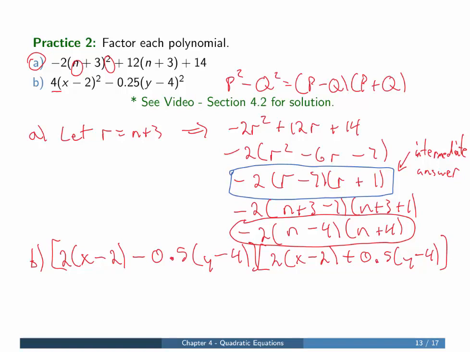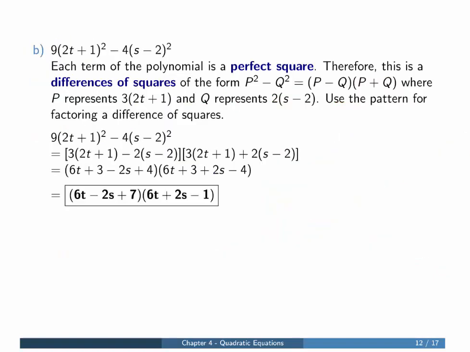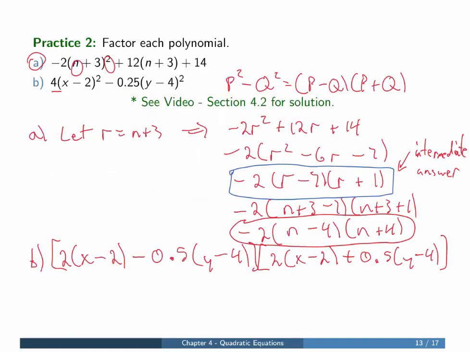Now, you could simplify this. It would take you quite a bit, but I'm going to simplify that just like the last question. I have to go all the way down and simplify, which means I have to do some distributing here, because this will leave me with 2x minus 4 minus 0.5y plus 2. Then we're going to have 2x minus 4 and then plus 0.5y minus 2.